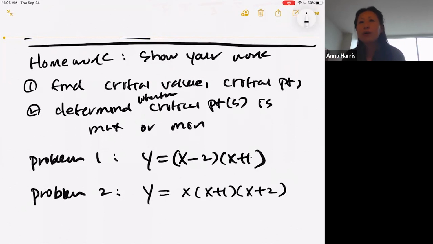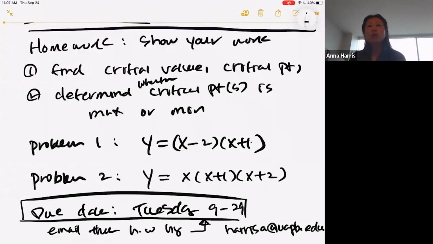Okay, I want you to do these problems. I gave you 2 problems only. I want you to find the critical value, critical point, and determine which critical point is a max or min. Okay, that's your homework for today. You only have 2 problems that you have to do.